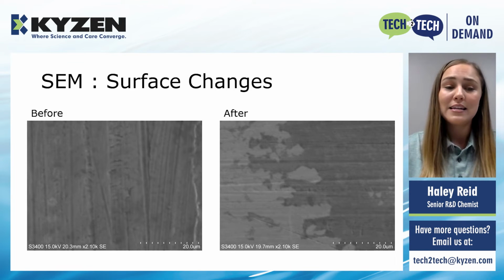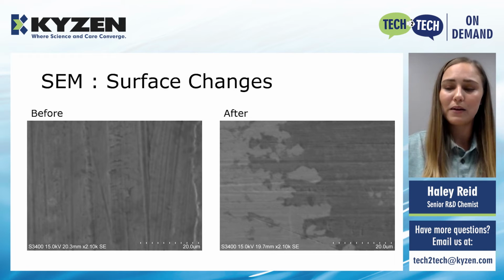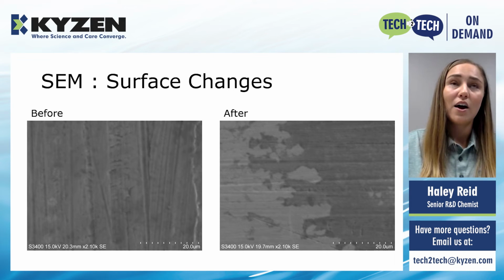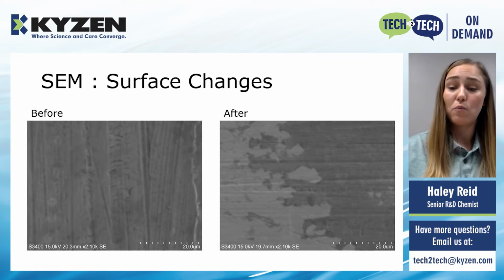We can also use SEM for surface changes. So before, you can see a solid surface that's one color, a little bit darker because it needed to be cleaned. On the right, you can actually see a light and dark change in this surface. Visually, this looked like a white band on this brass surface, and we were trying to identify what it was.